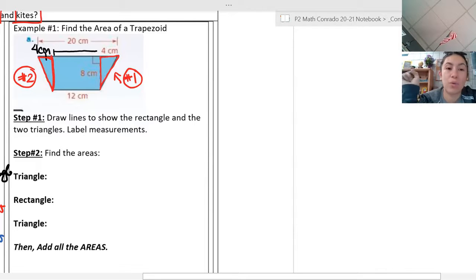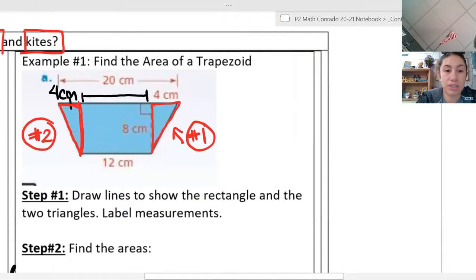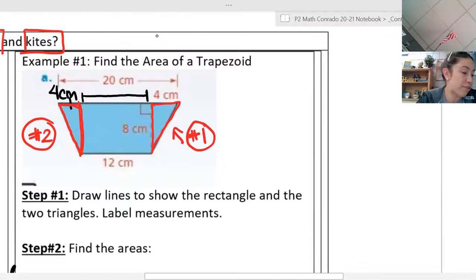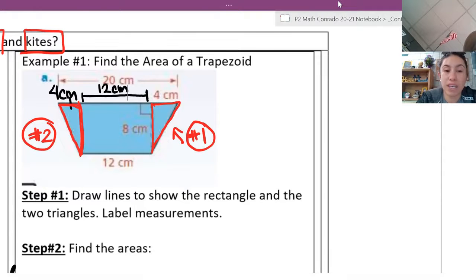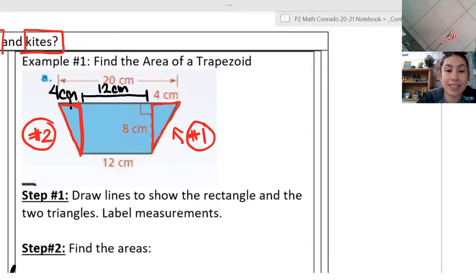So because one part of the base, the triangle, is 4 centimeters, and the other part is 4 centimeters, let's add those together, which would be 8 centimeters. And let's subtract that from 20 centimeters. And what we have left is 12 centimeters. That is the base for the rectangle. And we know the height for both the triangle and the rectangle is 8 centimeters.